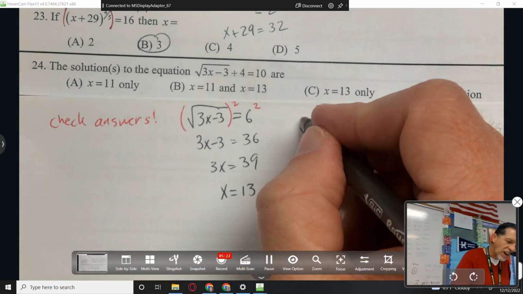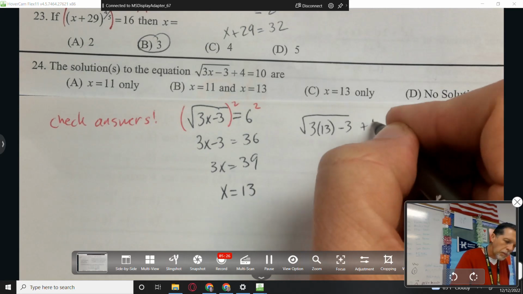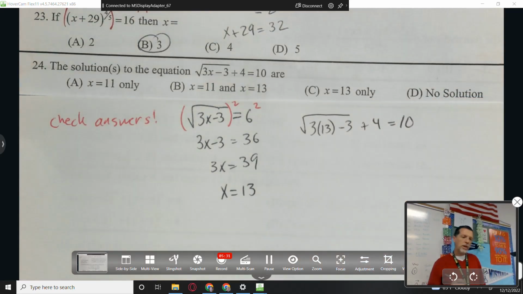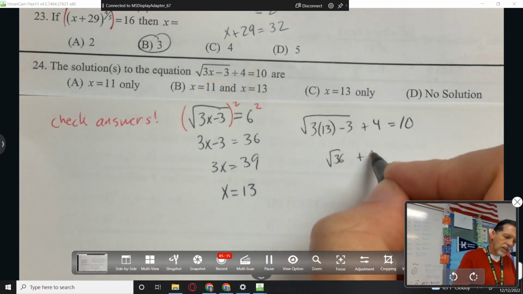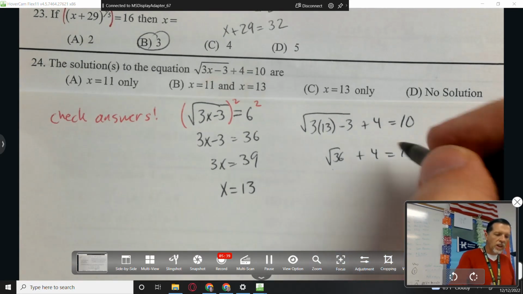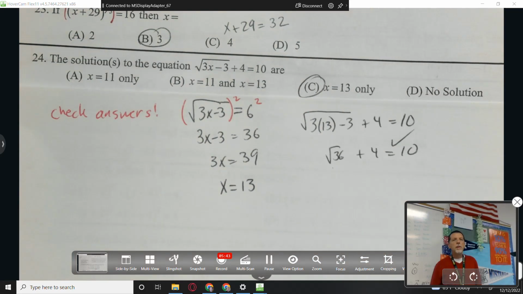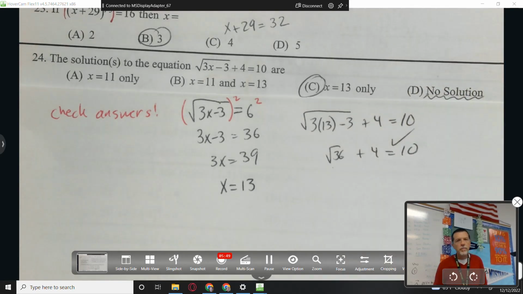So let's check to see that 13 works. And usually the checks are pretty quick. 39 minus 3 is 36. Square root of 36 is 6. 6 plus 4 is 10. So yes, 13 worked. We're good. But when you square both sides, you got to check your answers, because it could be no solution. I don't know where the 11 would have come from.